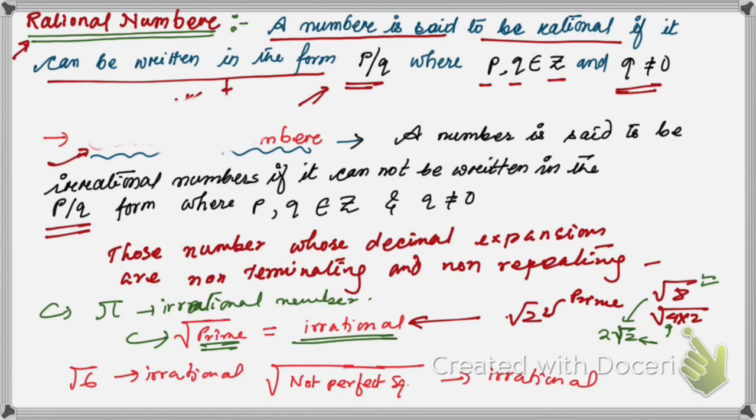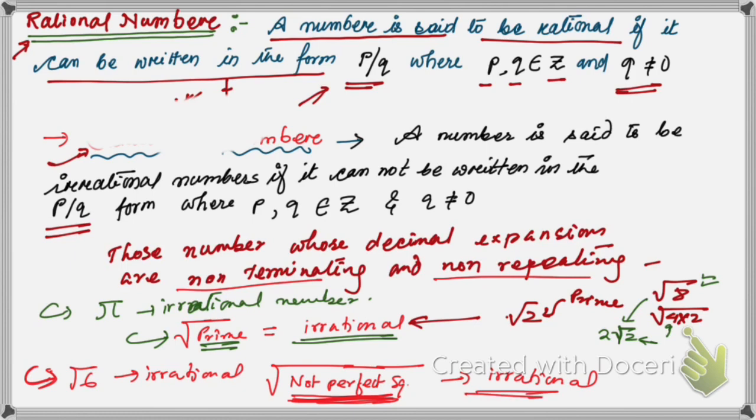Because if you try to find the square root of 6, then you will get a non-terminating, non-repeating decimal expansion. That is why if you have root over a number which is not a perfect square, then it's going to be irrational.